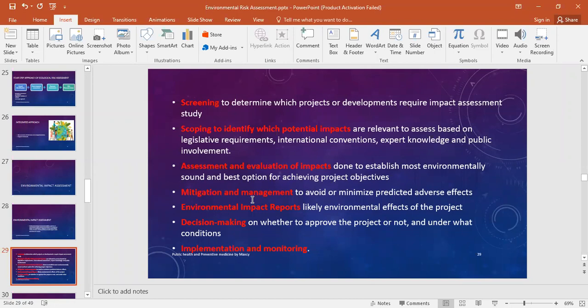Mitigation and management avoid or minimize predicted adverse effects. The environmental impact report covers the likely environmental effects of the project and supports the decision on whether to approve the project or not, and under what conditions. And at the end, there is implementation and monitoring.